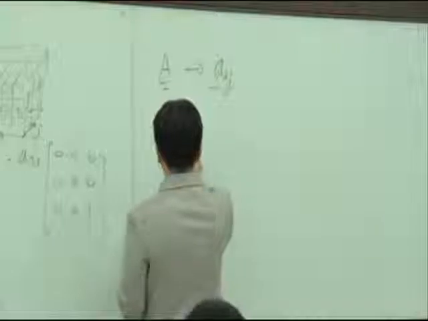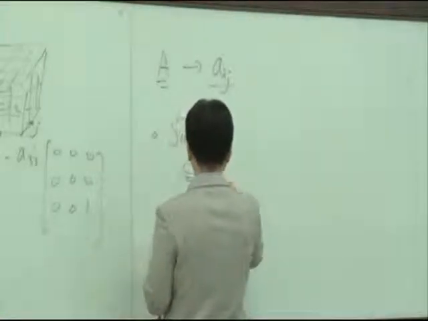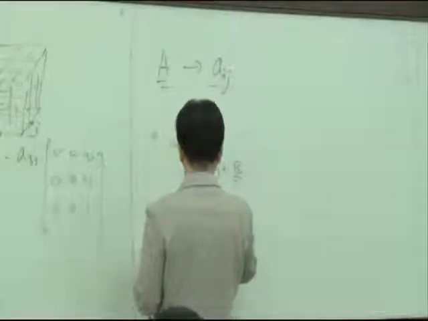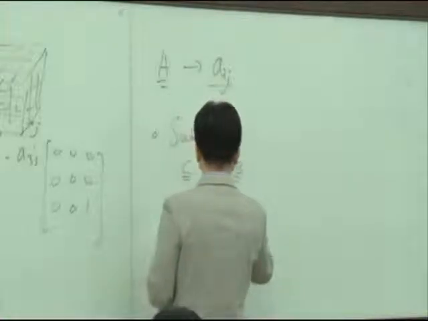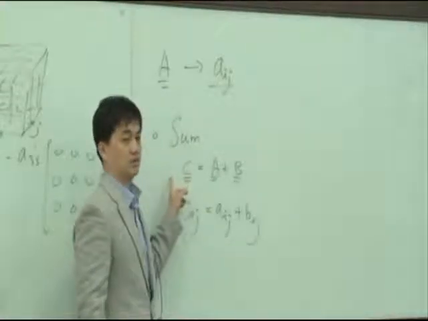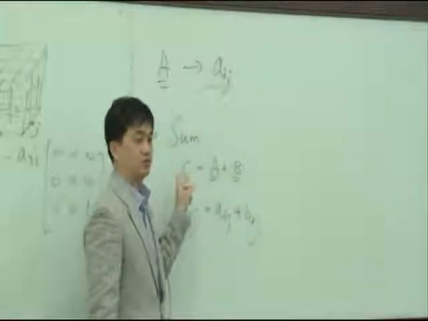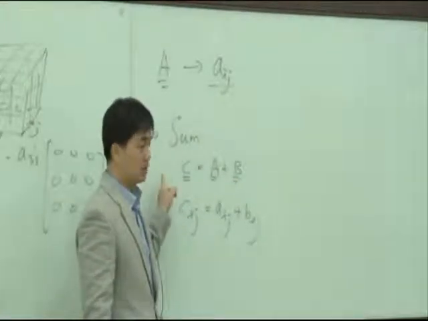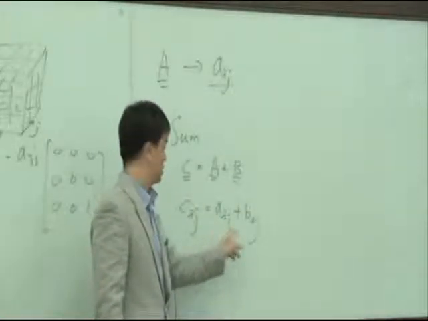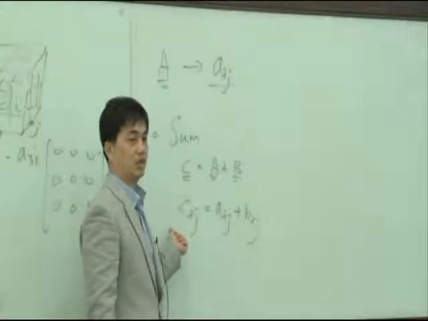Okay, so C equal A plus B. So Cij equal Aij plus Bij. So this is summation of a matrix. Sum of matrix A and B equal to C means each component Aij plus Bij is the same to the component Cij, right?